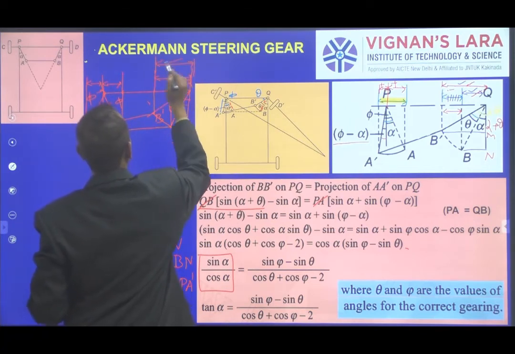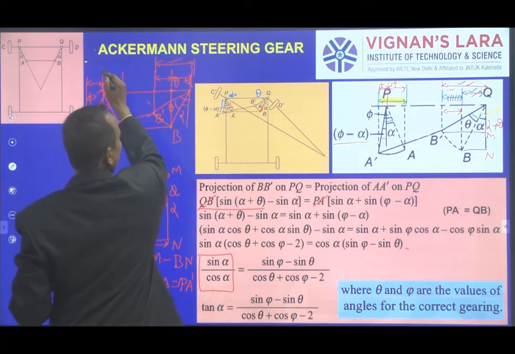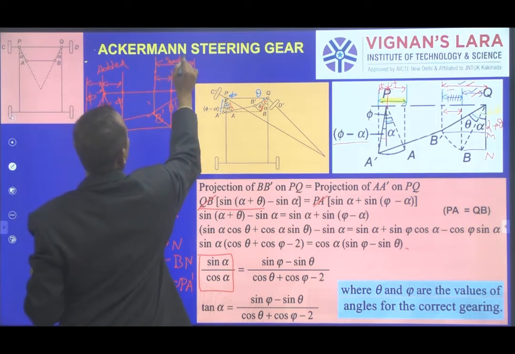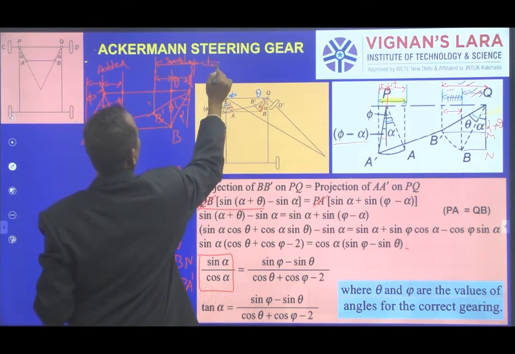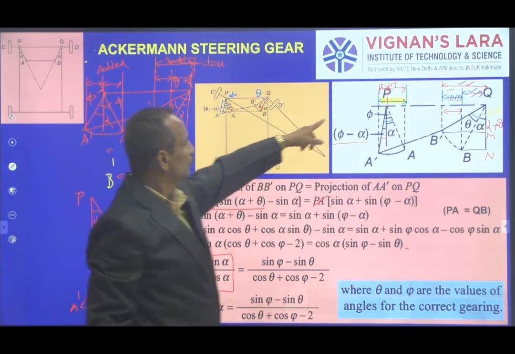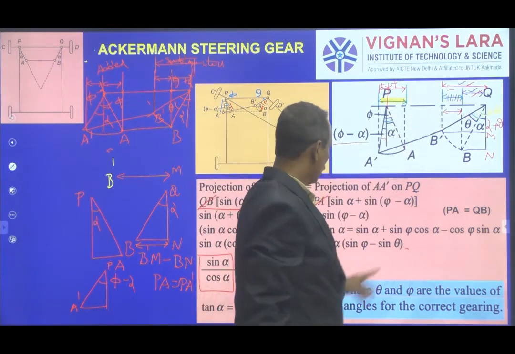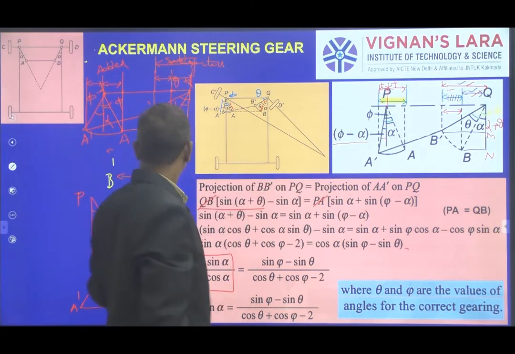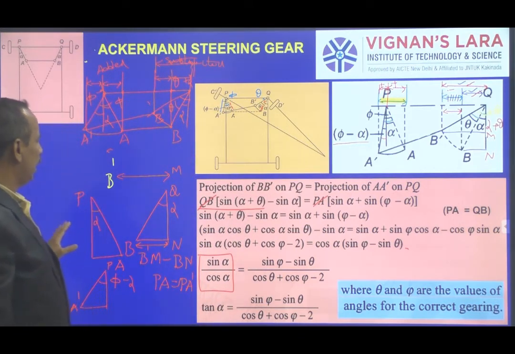This is added and this is subtracted. This is added and here subtracted. Addition, subtraction. Finally, you get this. So this is the Ackerman steering gear and the necessary alpha angle.